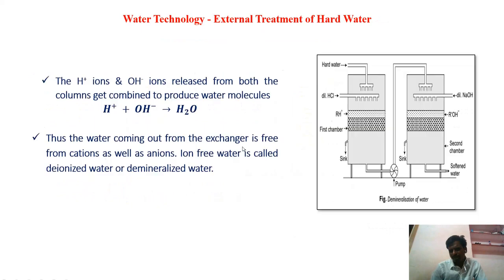Both H plus and OH minus ions react together and form water molecules. This is the important thing. The water coming out is free from calcium and magnesium and also from negatively charged anions, and finally that water is called demineralized water. That means it does not have any ions.